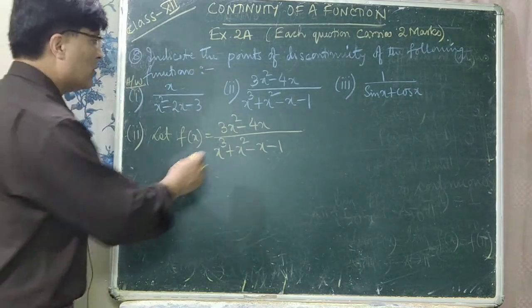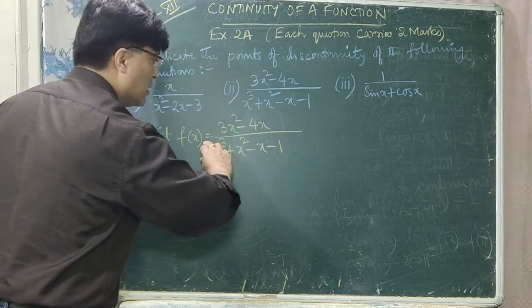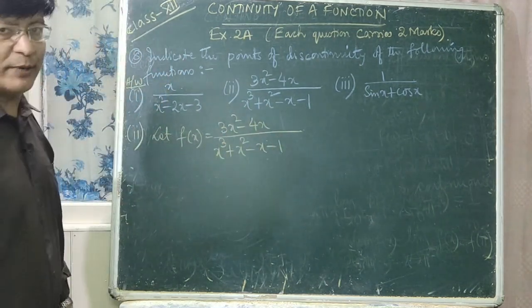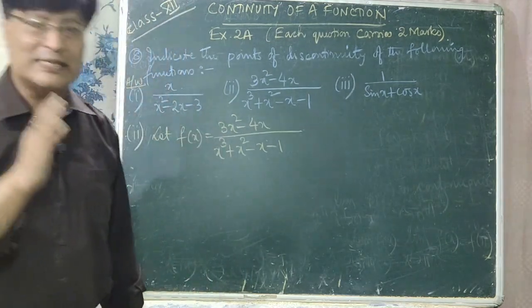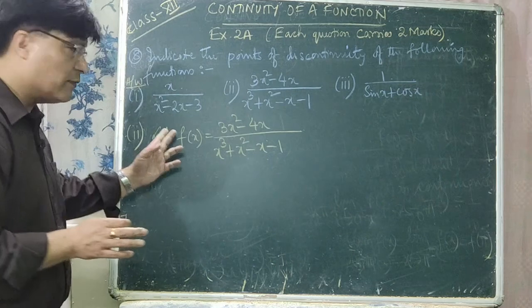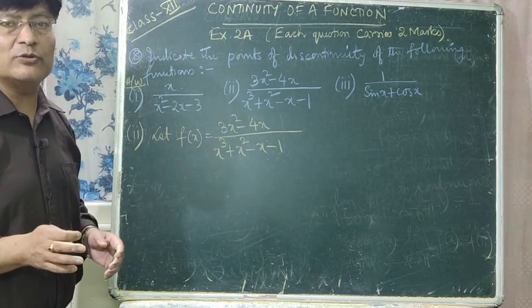Okay. Now the fraction is given here. When is this fraction undefined? If the value of the denominator is 0, because something divided by 0 is meaningless. It is undefined. So this given function f of x is undefined if the denominator is equal to 0.